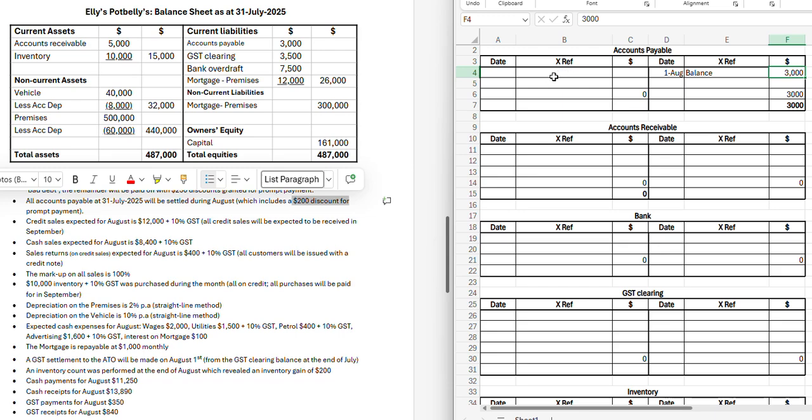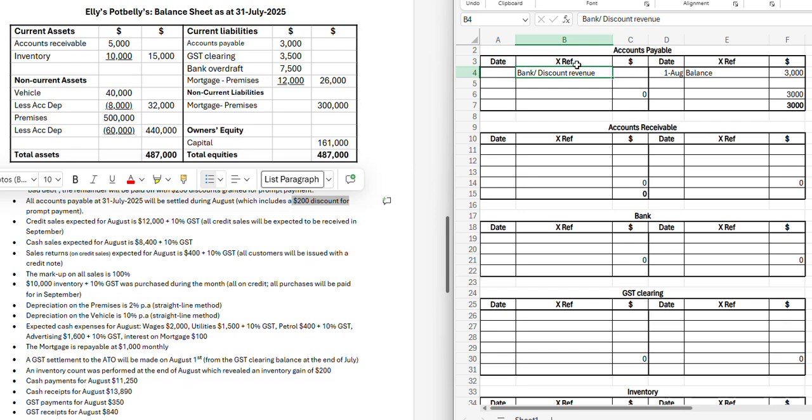But that reduction in the liability is a combination of the funds that we're going to pay from our bank account and also some discount revenue, given this satisfies the criteria for revenue, because that $200 discount is reducing our liability and increasing our OE in terms of profit.